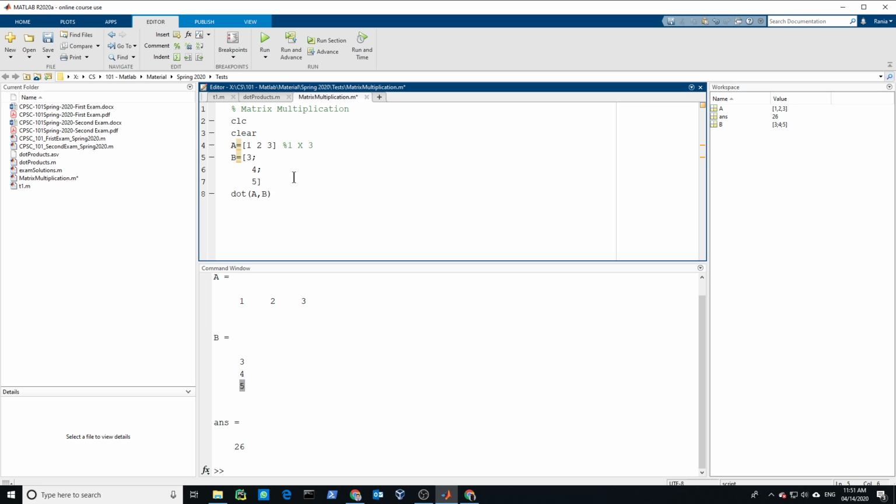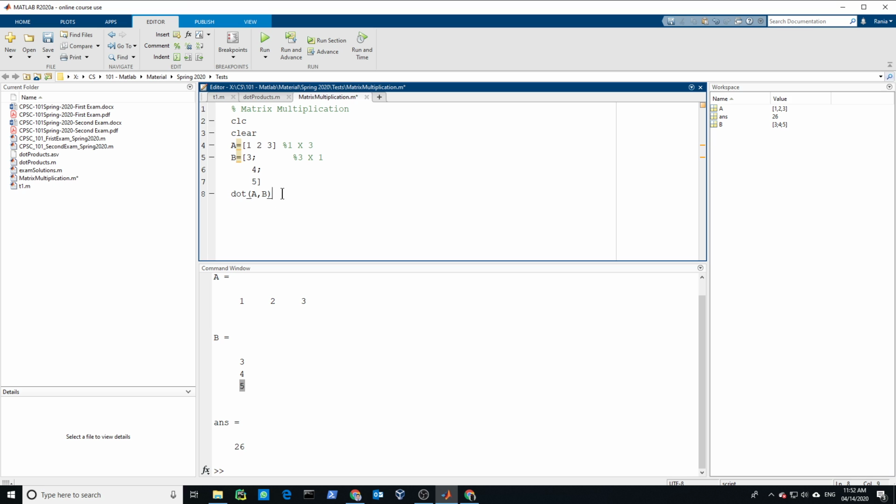However, the size of this one is three rows times one column. So the condition to be able to multiply two vectors or two matrices is that the number of columns of the first one should equal the number of rows in the second one.